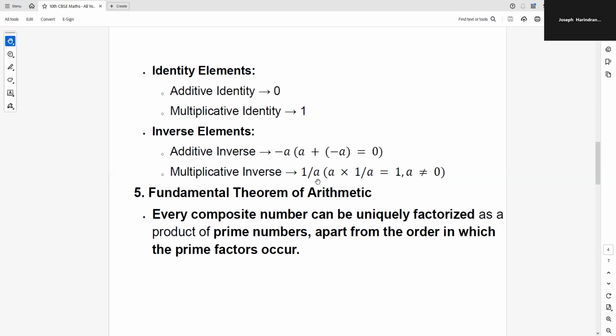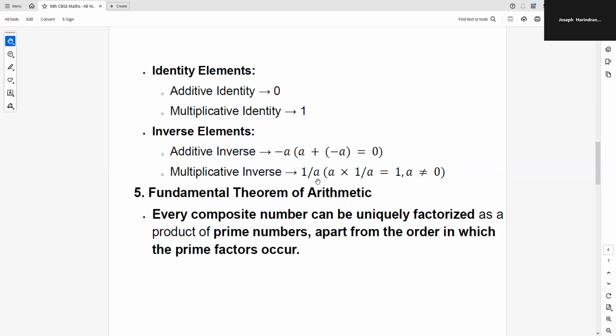The multiplicative inverse of a is 1 by a, because when you multiply a and 1 by a, you will get 1. Here a is not equal to 0. That is the only condition. So when we multiply 1 by a and a, we get 1. Then it is called multiplicative inverse. So we can say that multiplicative inverse is also known as the reciprocal.